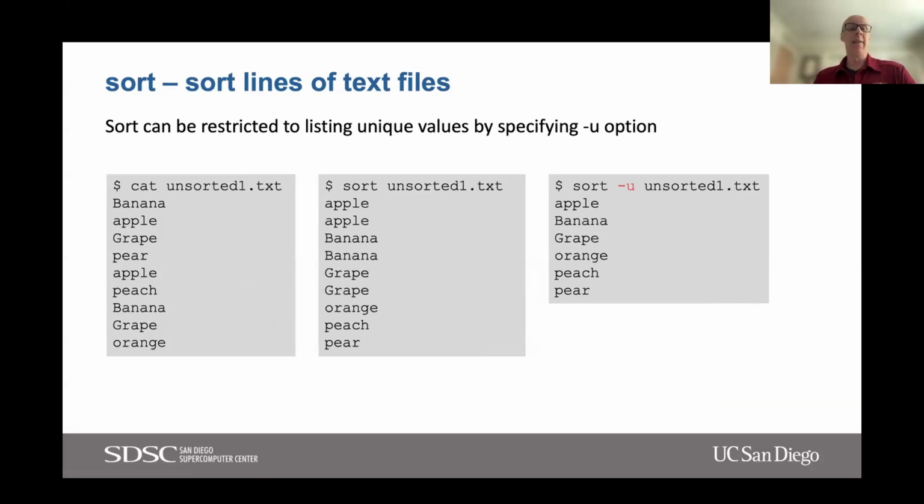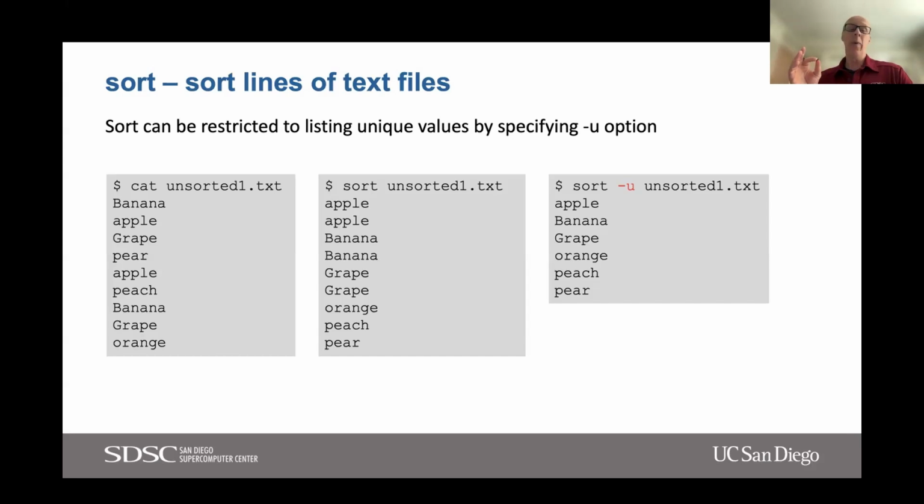Sort can be restricted to listing unique values by specifying the -u option. So sometimes this is really handy if you just want to find out what are all the unique values in my file. So again, going back to our previous example, the unsorted1.txt, we see again banana, apple, grape, pear, in somewhat random order. If I sort this, we get apple followed by banana, grape, orange, and so on.